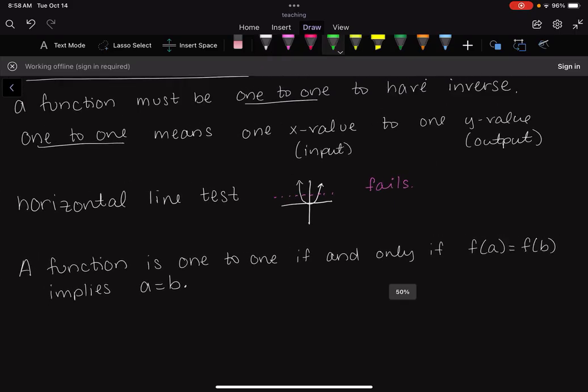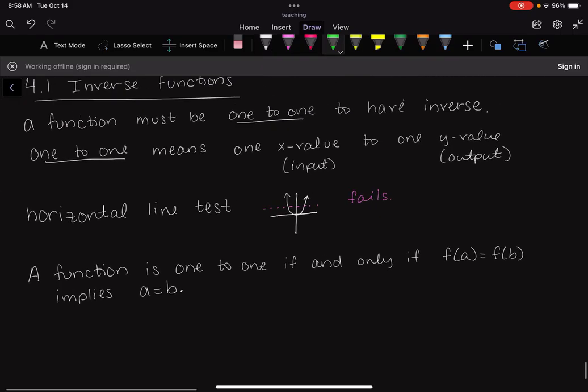What I want you to remember is that these are y values. So what we are saying is if we can set two different y values equal to each other, do we get that actually those were the same x values to begin with?